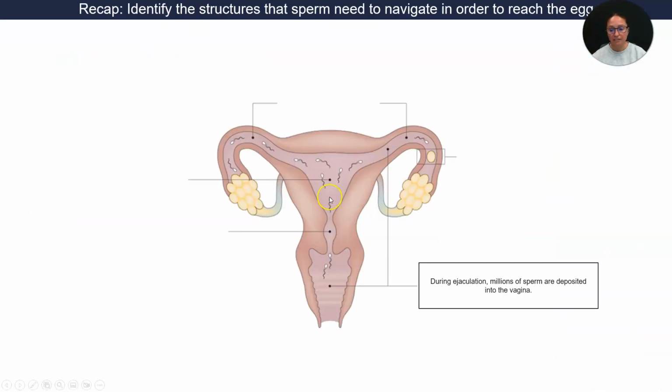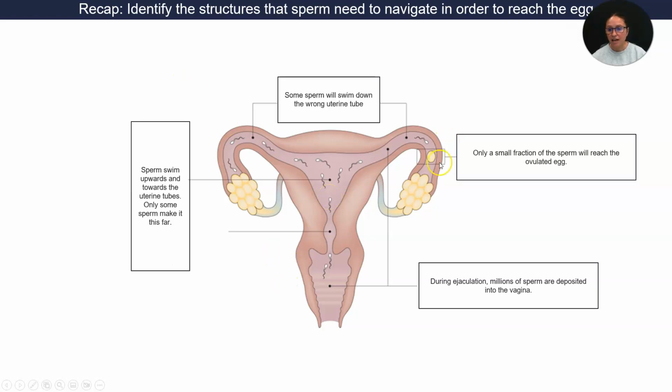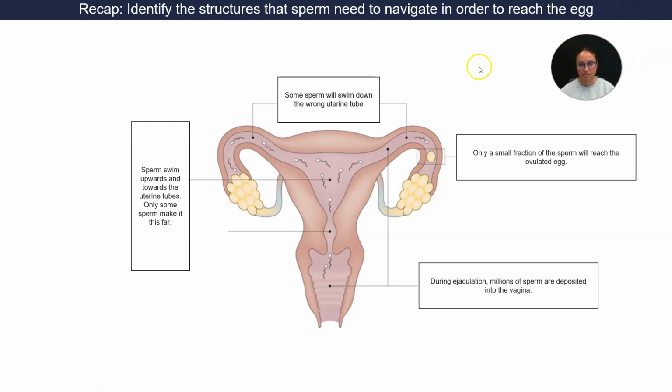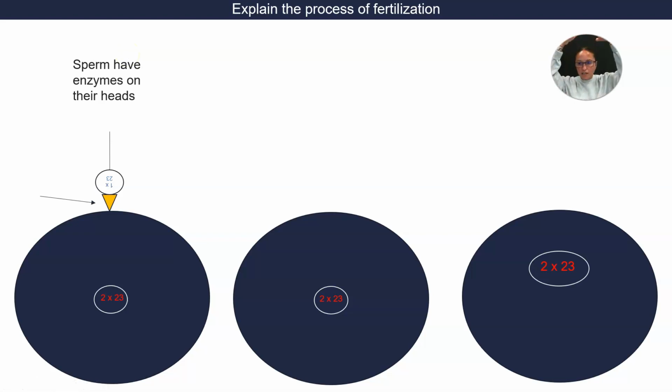Okay, so this is where we left off. We had sperm meeting the egg. So what happens next? Sperm actually have something called an acrosomal cap, which is essentially like a hat on their heads.